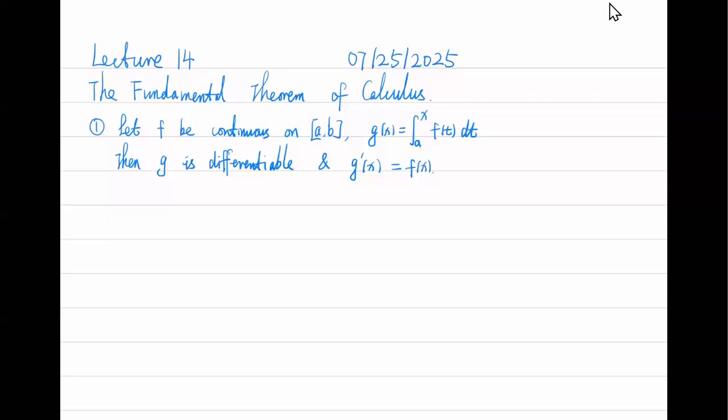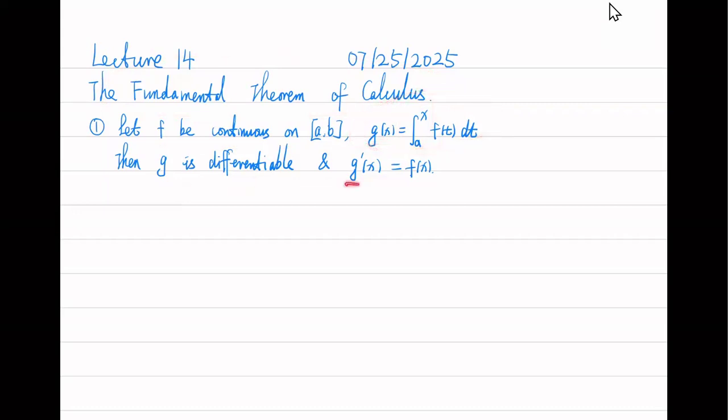the first formulation for this fundamental theorem of calculus is that if we consider a continuous function and then the definite integral on a varying interval, the resulting is a function of x. This new function is differentiable and the derivative is exactly f.